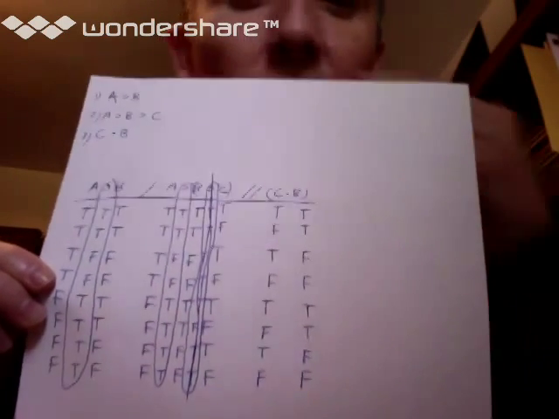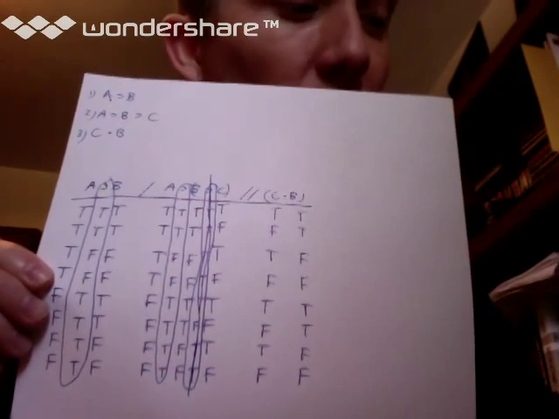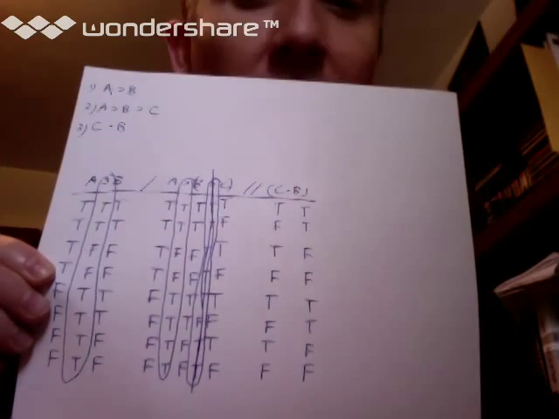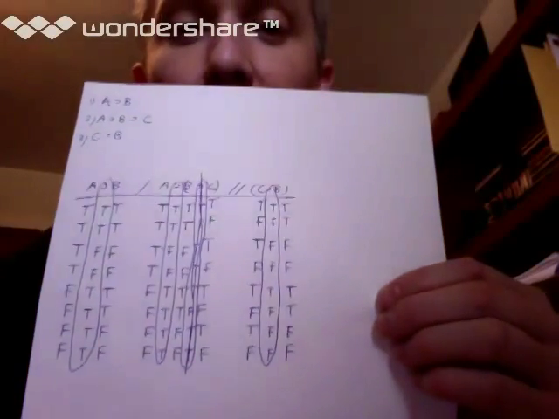Okay, now I'm going to get the truth values for the conclusion here, which is an and statement, and there are rules for and statements, and I'll show you them in a minute. Okay, here they are.